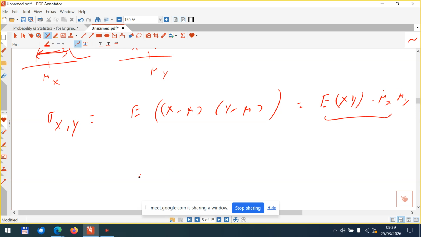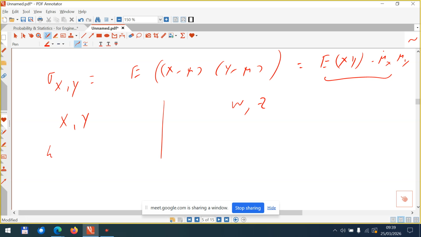So large values. If you want two cases, let's say I have x y here, and I have other variables w z here, and I know the covariance of x y, and I know the covariance of w z. It will not be fair to compare these two covariances, because x y may have one set of units, w z may have another set of units.